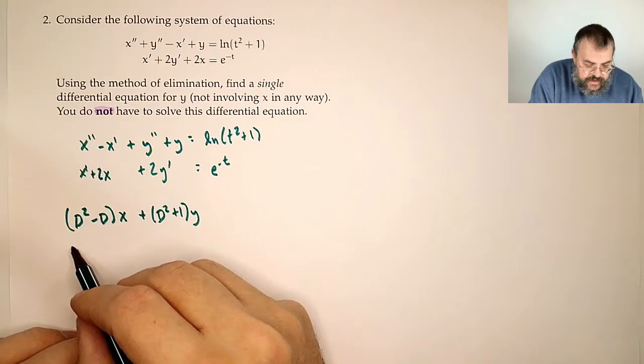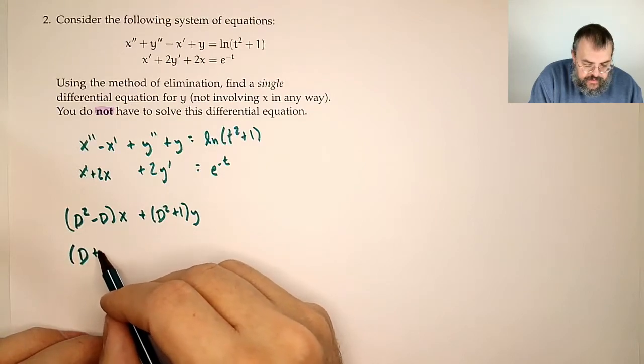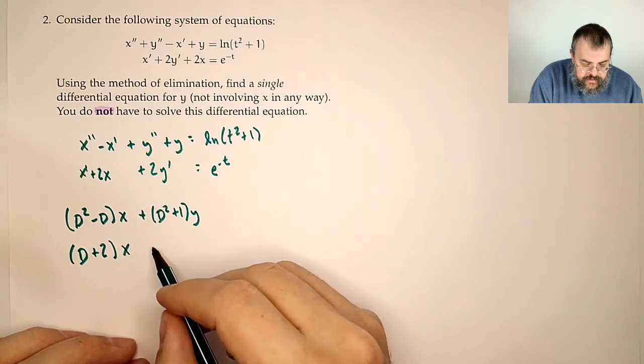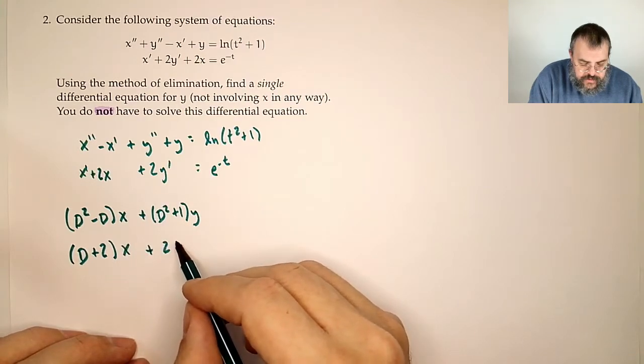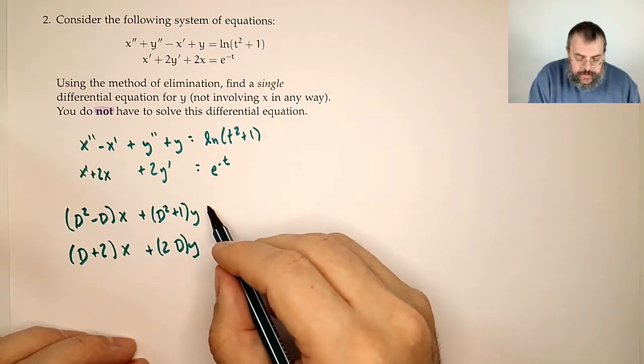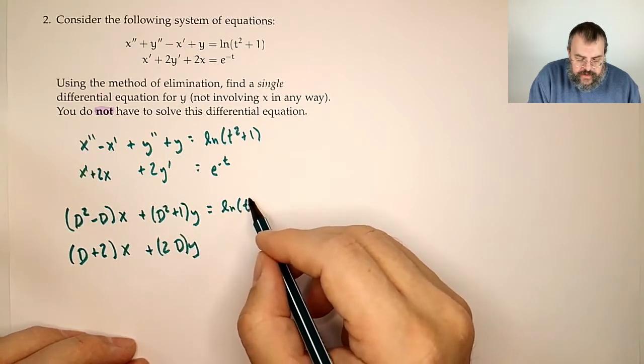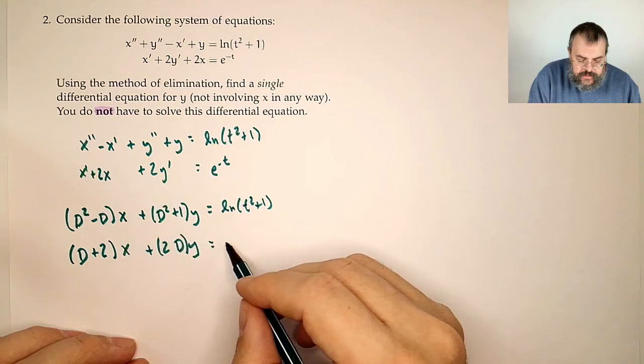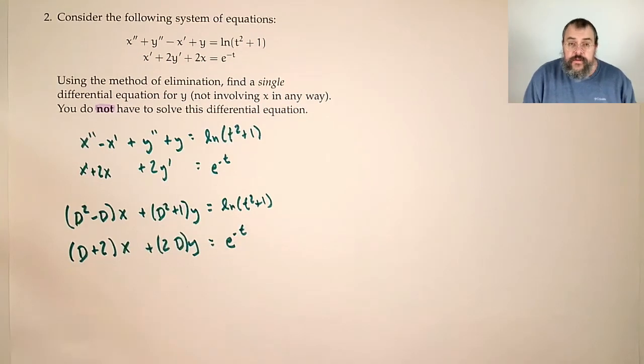Downstairs, we'll have (D plus 2)x and here we'll have 2 times Dy, equals as before.